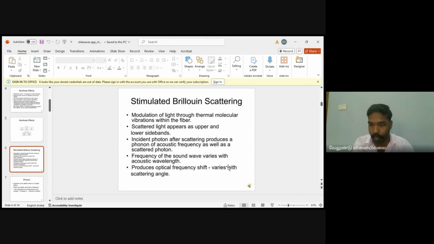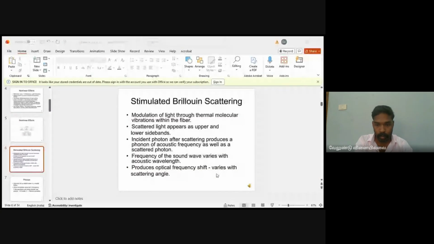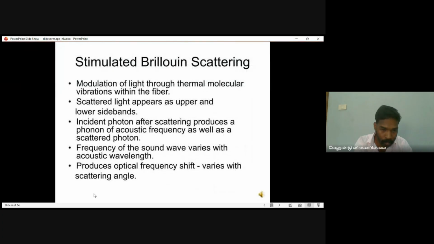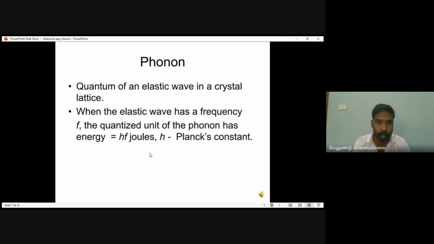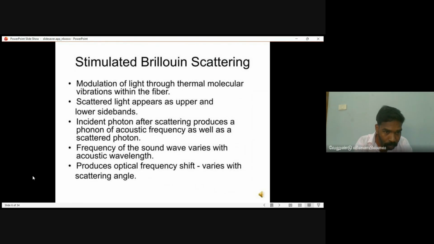The slideshow view is not up, only the reading view is possible. Can you see my cursor?